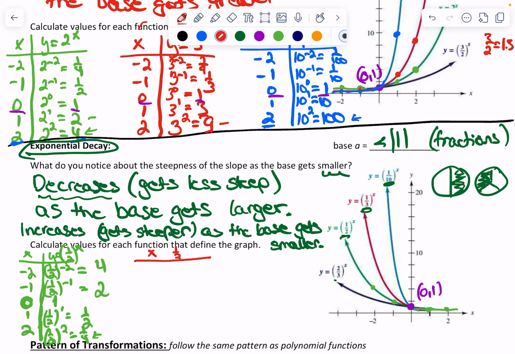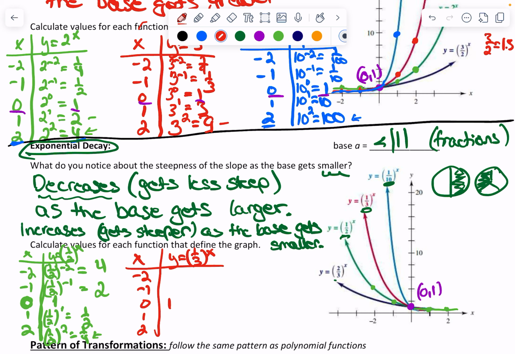1/3 to the power of x, and that is our y. Hold on here. X, y equals 1/3 to the power of x. So -2, -1, 0, 1, and 2. Again, 0, 1, any number to the power of 0 is going to be 1.